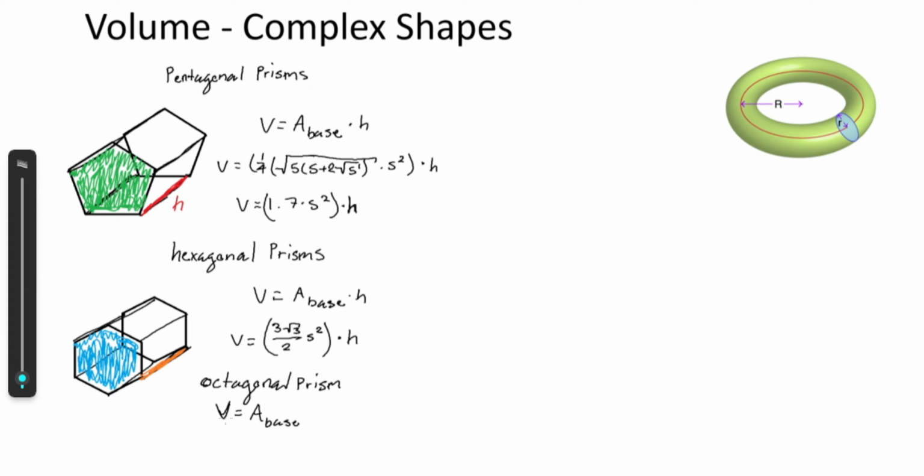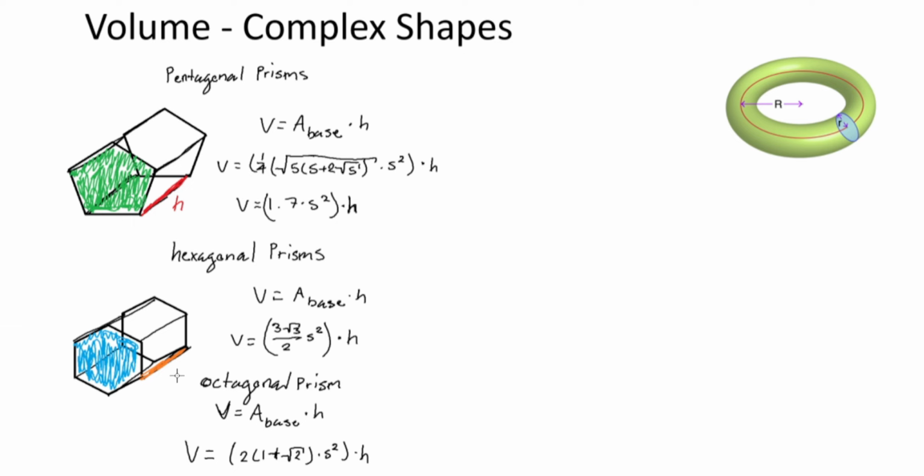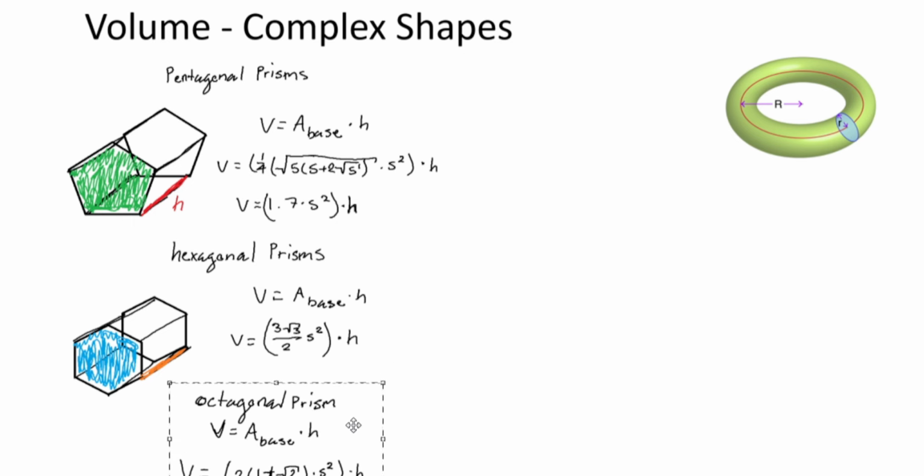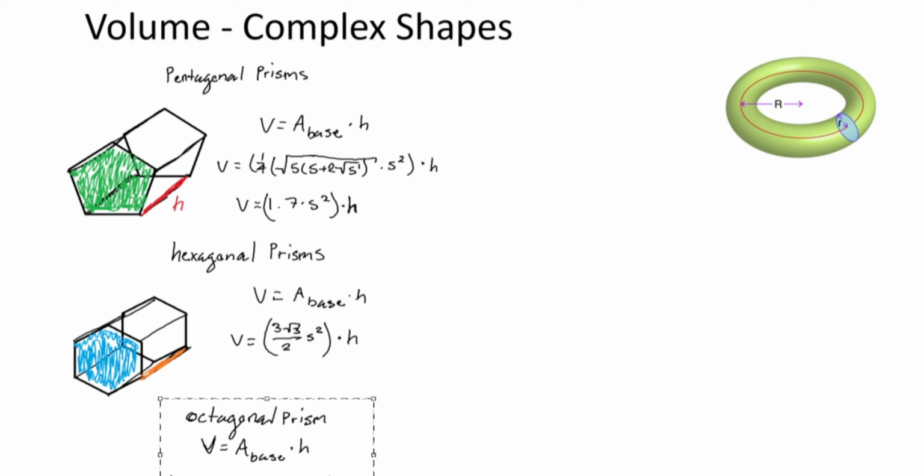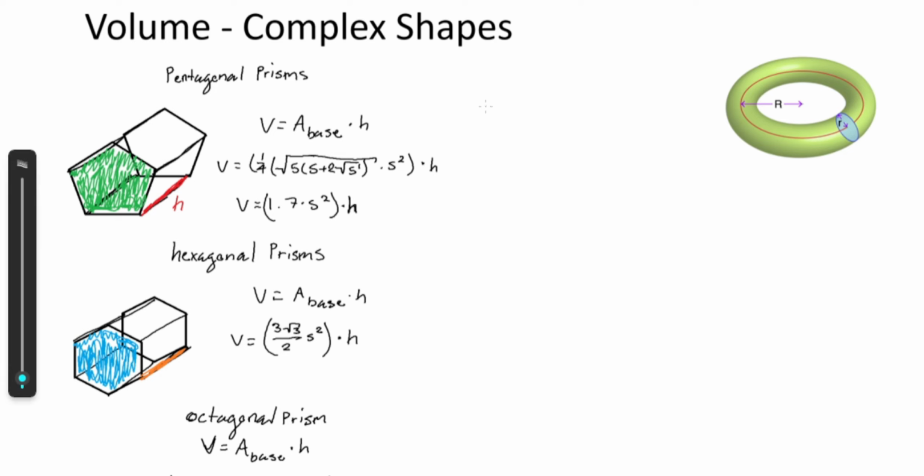Volume is equal to the area of the base times height, which if we're going to get specific, is 2 times 1 plus the square root of 2, times the side length squared, times the height. So these are volumetric equations for our octagonal, hexagonal, and pentagonal prisms.